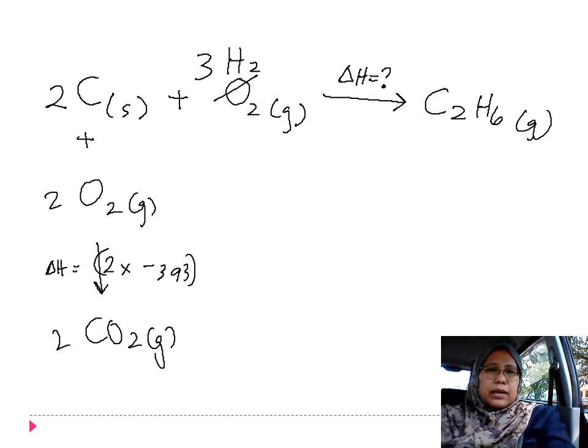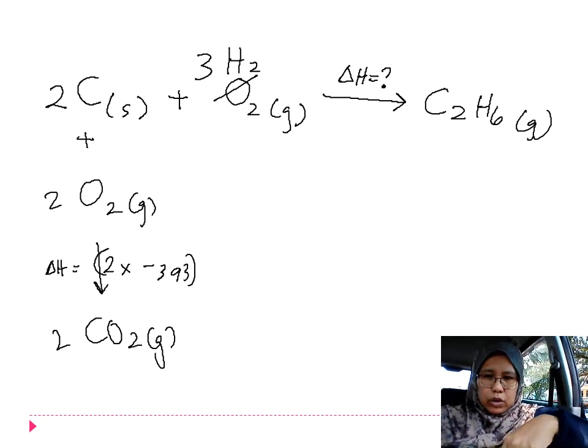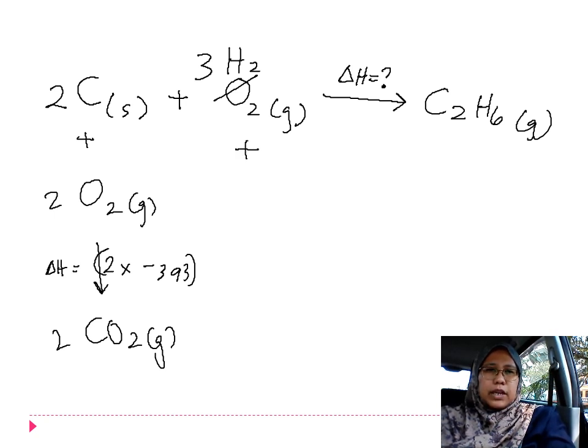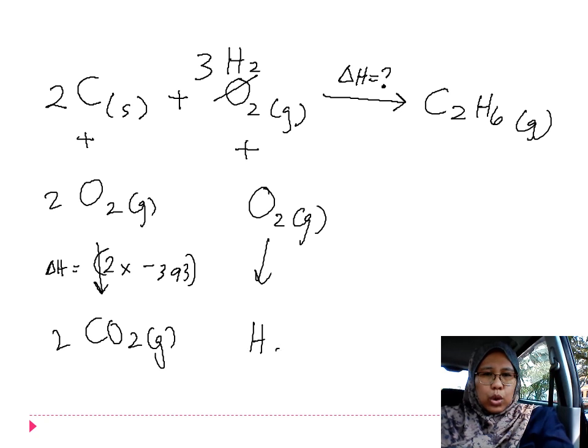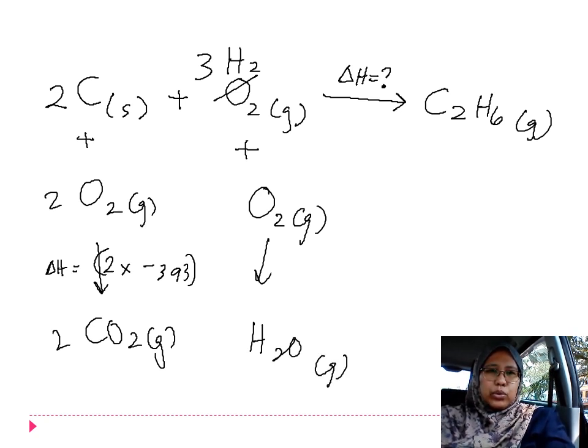The second column here, it looks like a column, right? Upper to a lower part. This one, we combust the H2 with O2, and then we are going to get H2O. So if there is no 3 here, it would be easy for us to get 1 over 2 here.